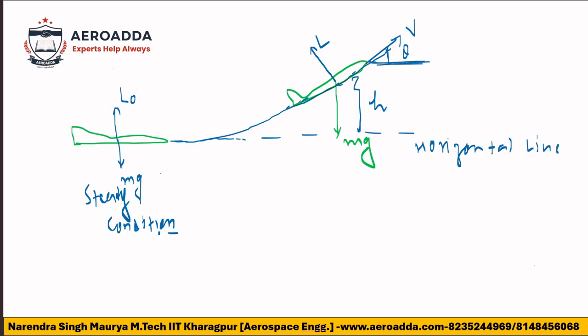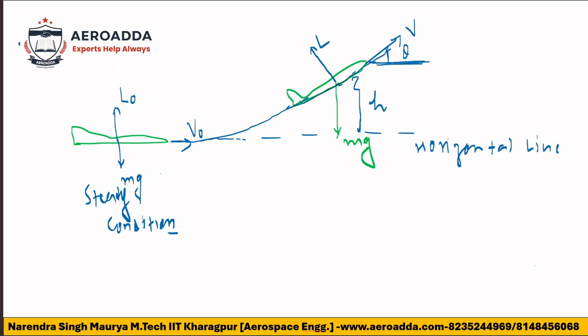Now check. The angle of attack is already constant in the long period oscillation. Initially the velocity is V naught, because it is the initial condition.